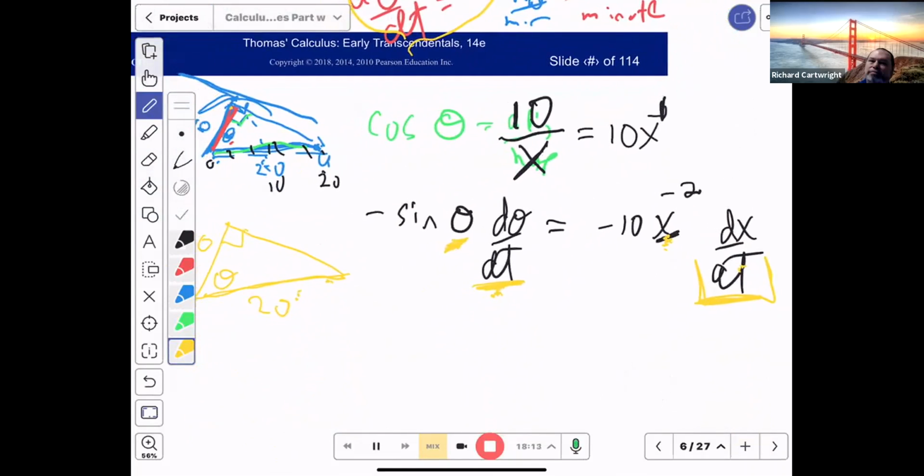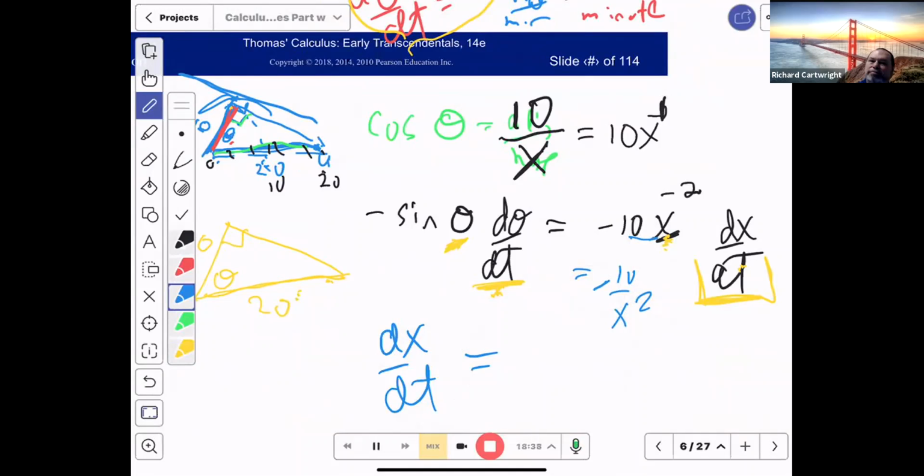So you have 2 choices. You can solve this for dx dt right now, and it gets kind of crazy. That means I got to divide both sides by a negative 10x to the negative 2. And you need to realize this really means 10 over x squared, doesn't it, with a negative in there? That's what this means, a negative 10 over x squared.